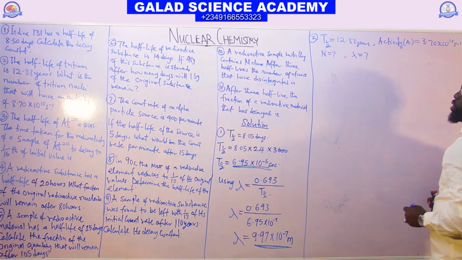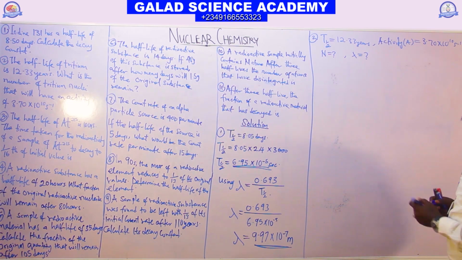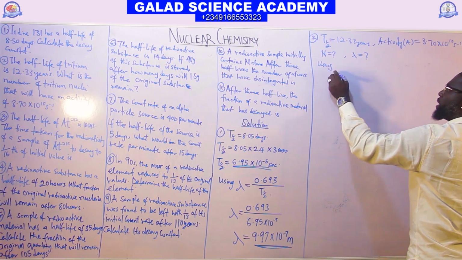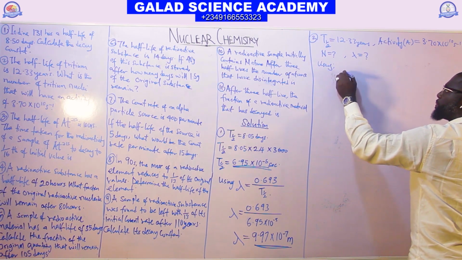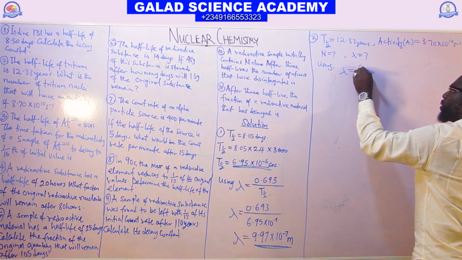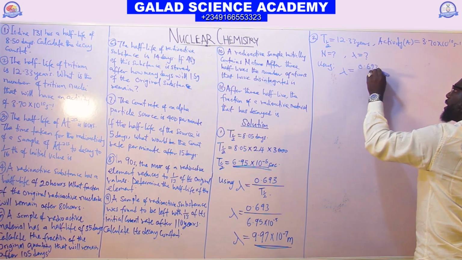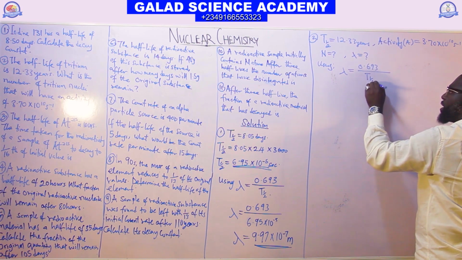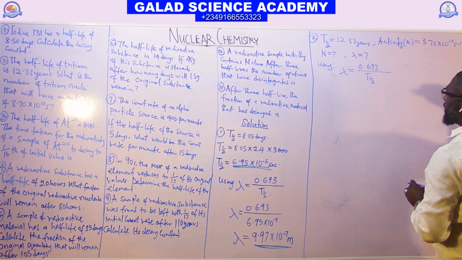And here too, our lambda is also unknown. Let us find lambda by using the half-life: lambda is equal to 0.693 over the half-life.